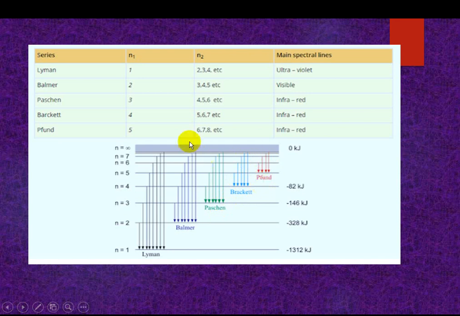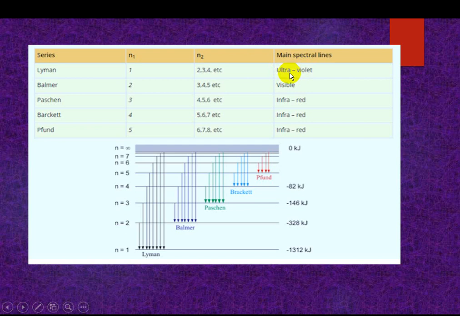If the ground state is 1 and the excited states are 2, 3, 4, 5, 6, they form the Lyman series. N1 is the ground state, and this radiation, the emission spectral line, is shown in the ultraviolet region of the electromagnetic spectrum.